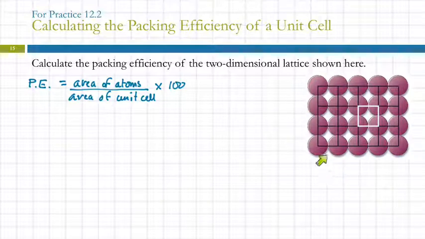There are no numbers given here. We have no idea what size these circles are, but that's okay. So what we're going to do is we're going to say that R is the radius of a circle, or the radius of one of these atoms.